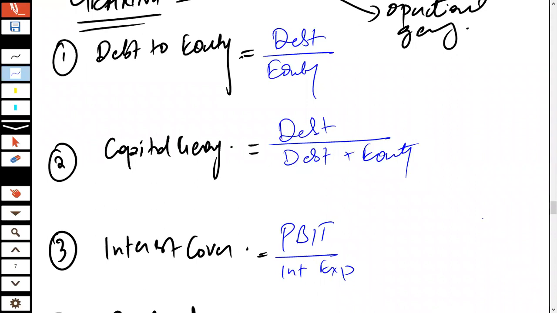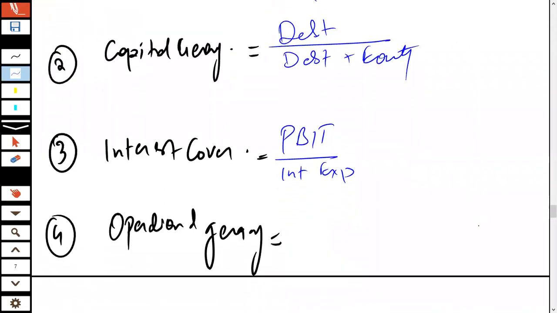And then when we talk about the operational gearing, the operational gearing gives you the business risk. How do we establish this specific operational gearing? There are multiple formulas to it.